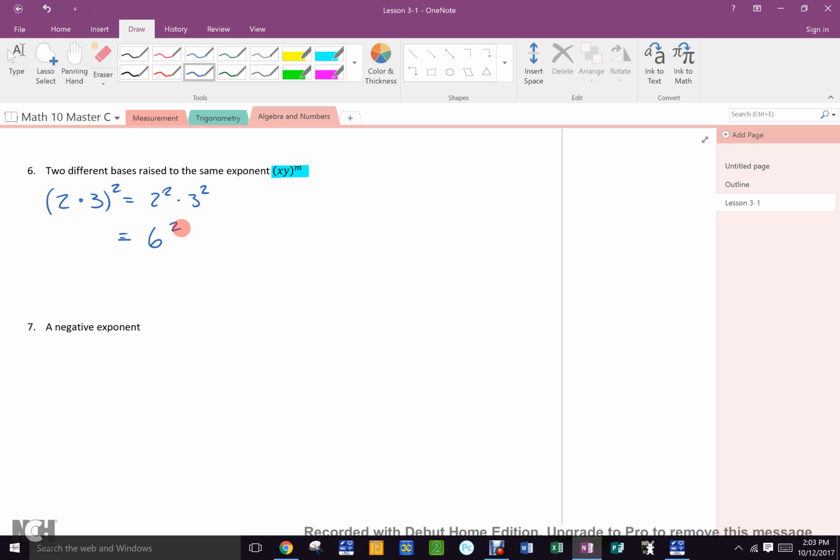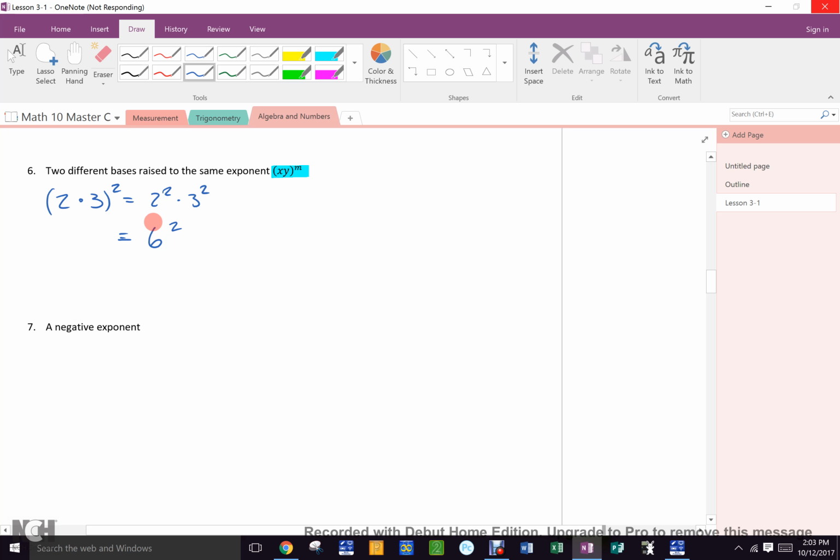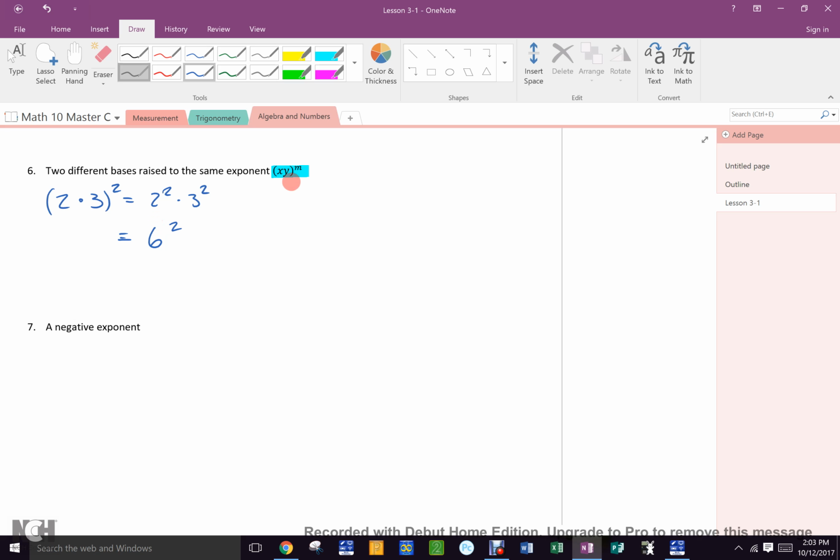In grade 9, which one did your teacher stress? That one or that one, probably? They stressed the second one because we can do 2 times 3, can't we? Now, does this second one work when I change the rules to be x, y squared?